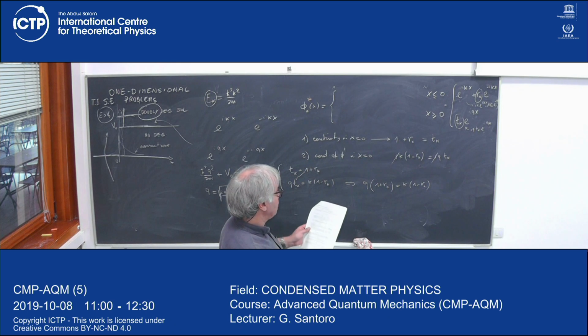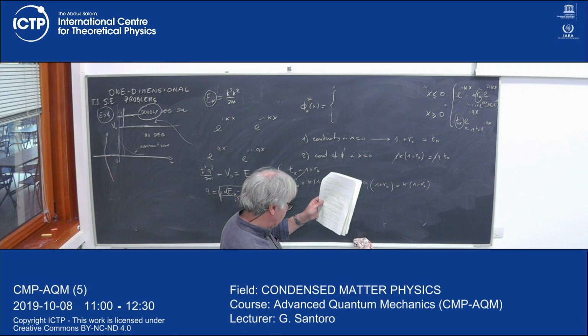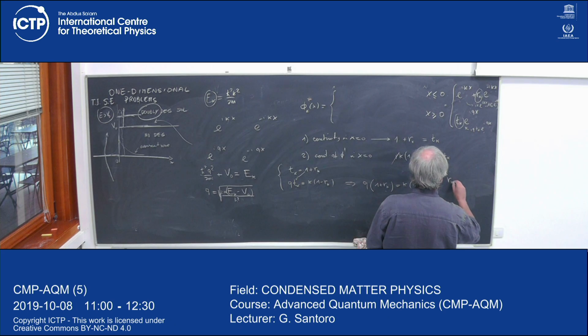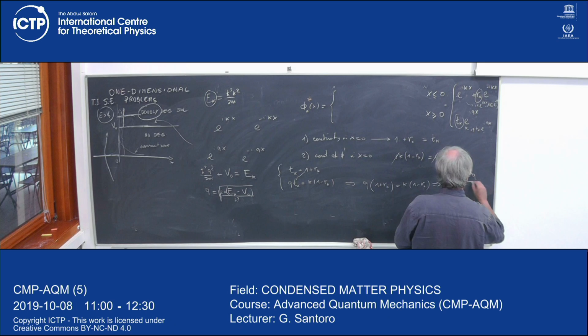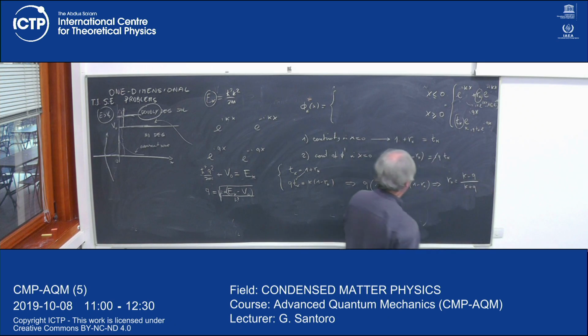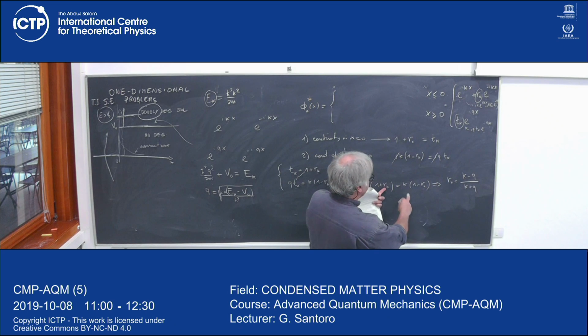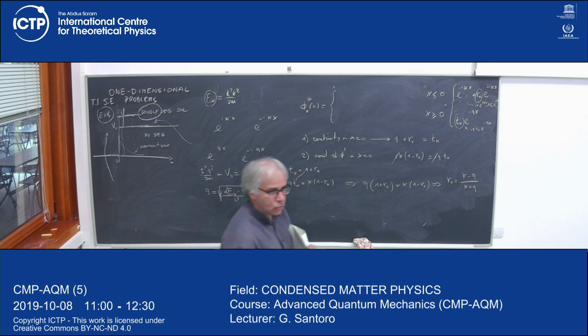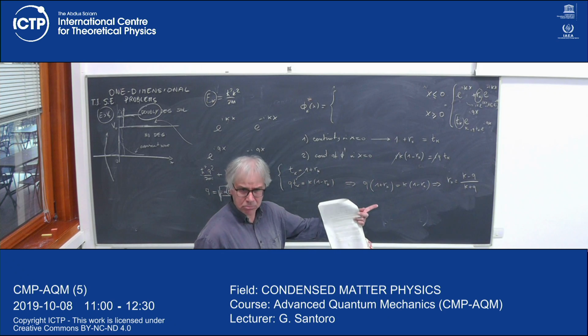Which means that if you solve for rk, you will find that rk is equal to k minus q divided by k plus q. Believe me, just bring, for instance, the rk on this side and this q on that side, and you see I have k minus q, and on this side I have k plus q. So when you do the algebra, is it comfortable for you or was it too fast?